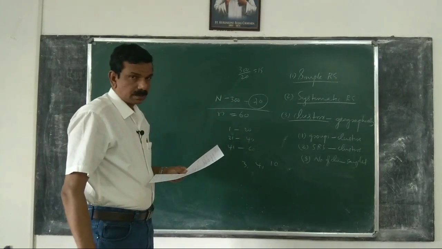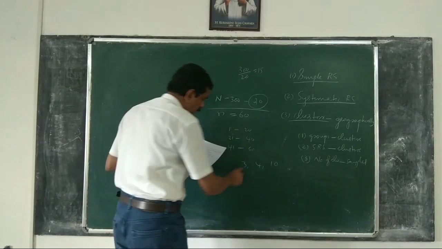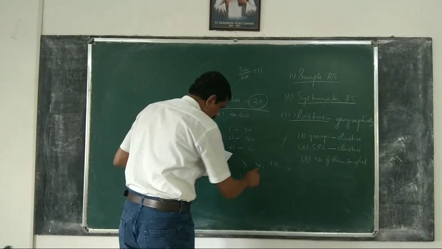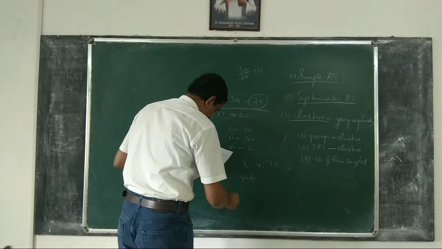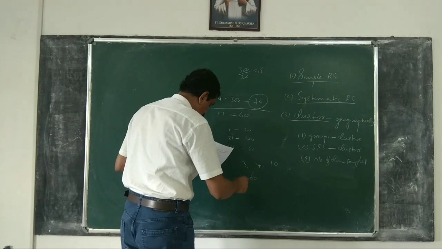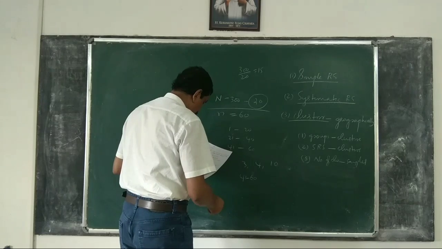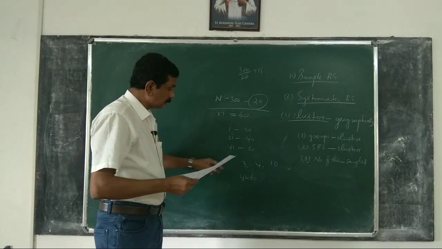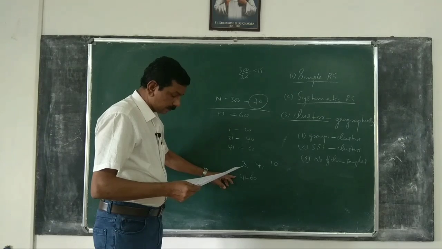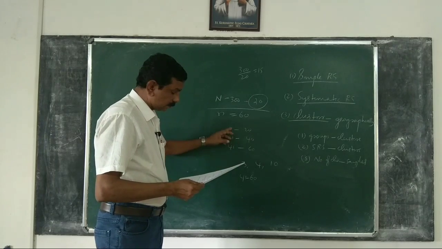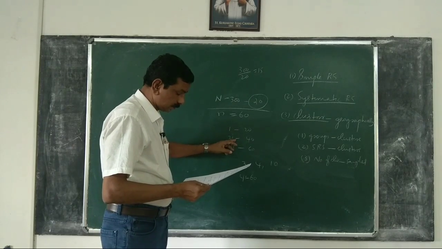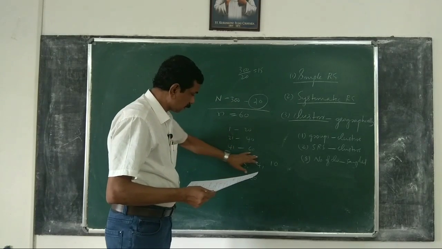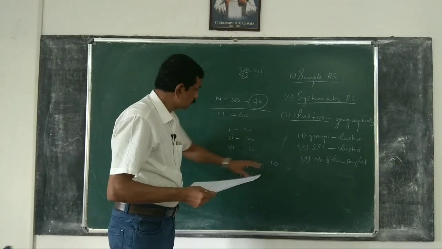Then the samples are 41 to 60 and so on. The first cluster is 3, the second is 4, the third cluster is 10.